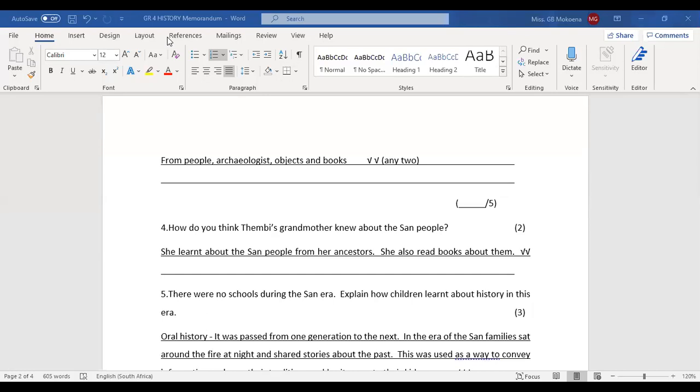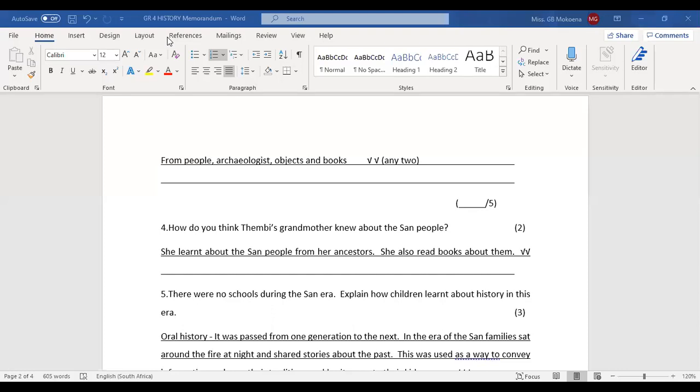They left beautiful paintings on the rock. Nice. Nati? Ma'am, I said they left paintings and tools. They left paintings and tools as well. So we can learn from weapons. Nice.